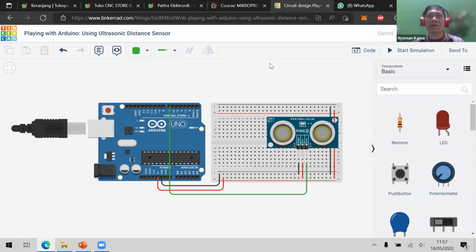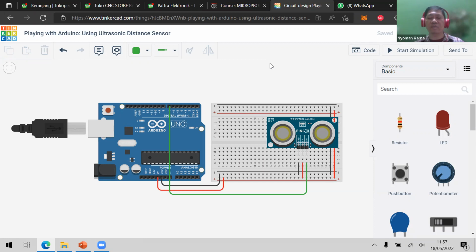But the PIR or passive infrared sensor cannot measure the distance between the sensor and the object, but it can detect a movement or motion. Also, if there is something moving in front of it, then it can detect that.